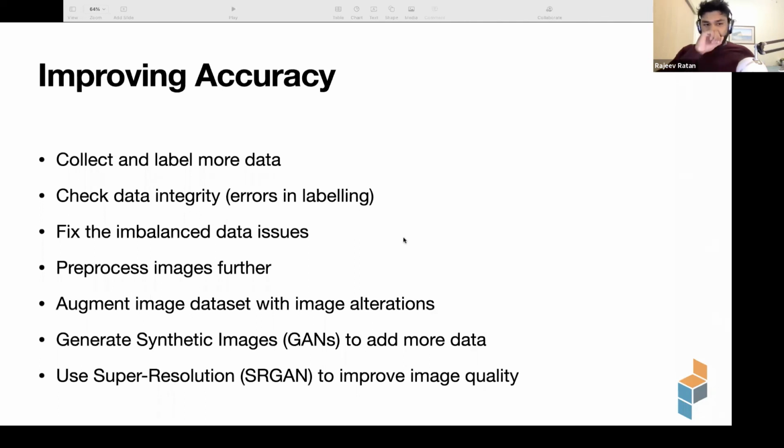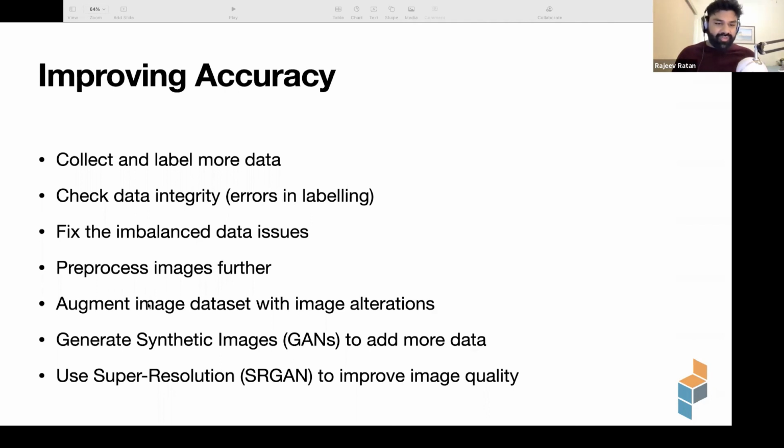So our plans for improving accuracy would be to collect a lot more data, maybe double the data we have. I still have maybe about 1,000 images we collected over the last month or so to label. We also need to fix the imbalance issues, so collect more taxi H plates, more rental car plates, maybe do some more pre-processing on images just to make it a little clearer, although that part is sort of already taken care of.